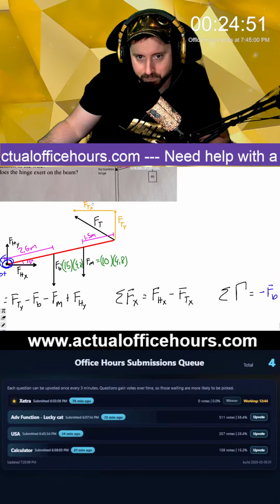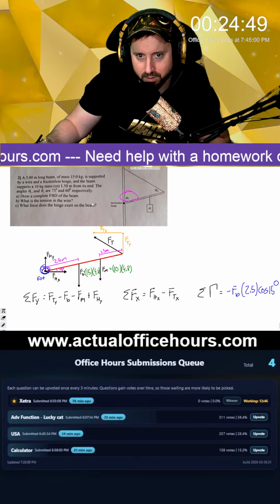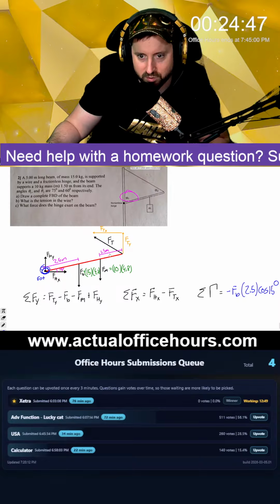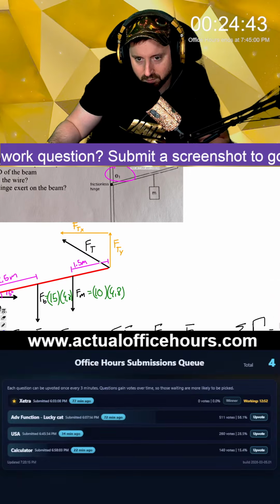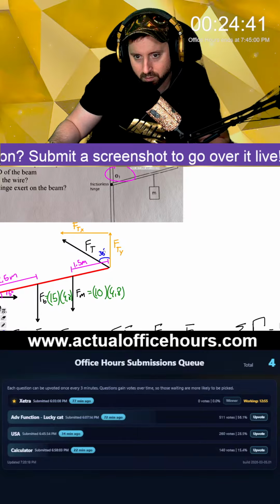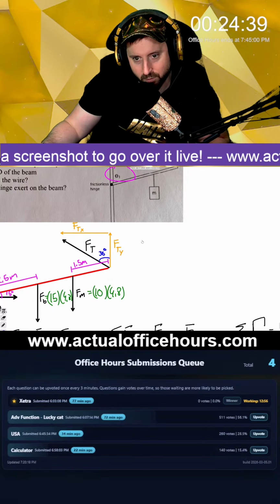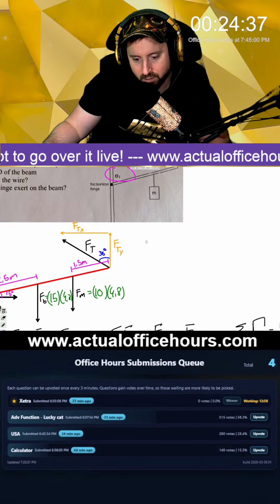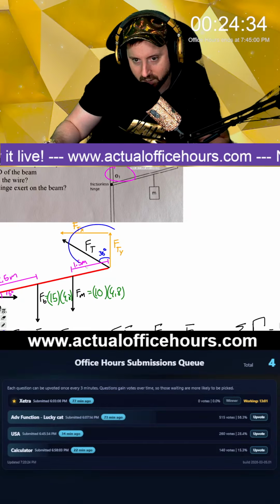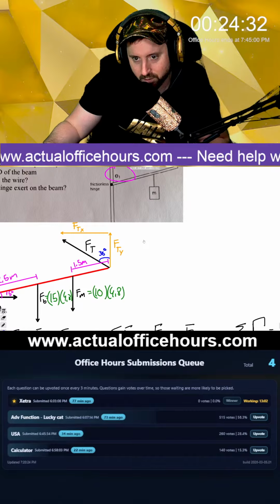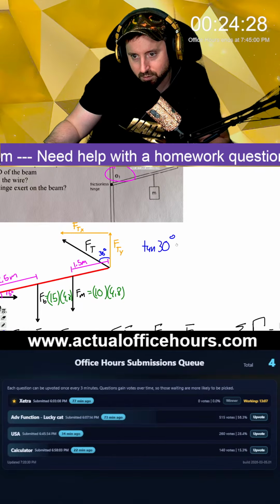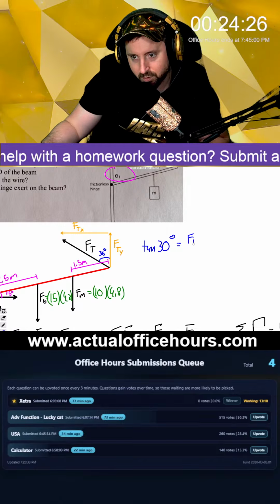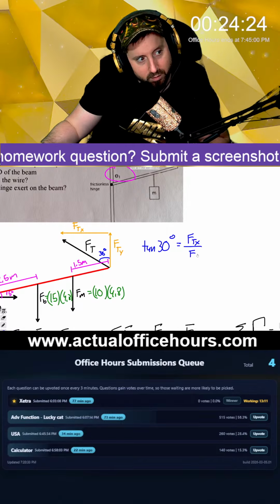I think we know if theta 2 is 60 degrees, then this is 30, right? So then I know that I can do a trig relationship here, right? So I can say the tangent of 30 degrees is equal to FTX over FTY.